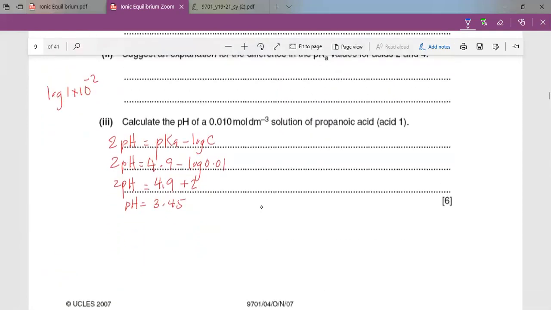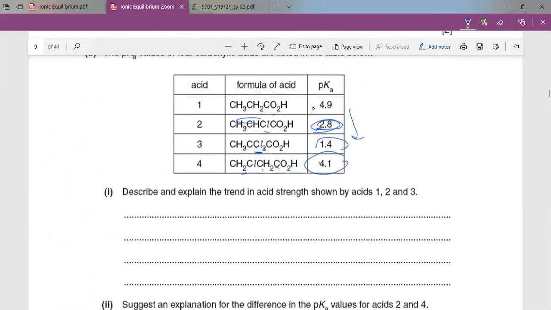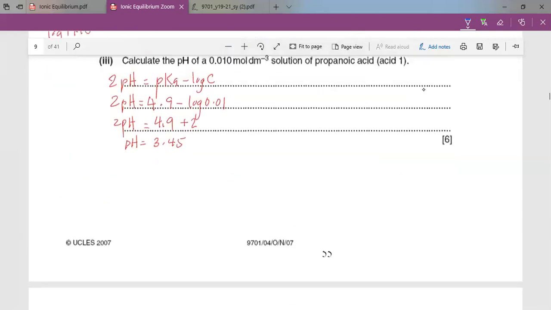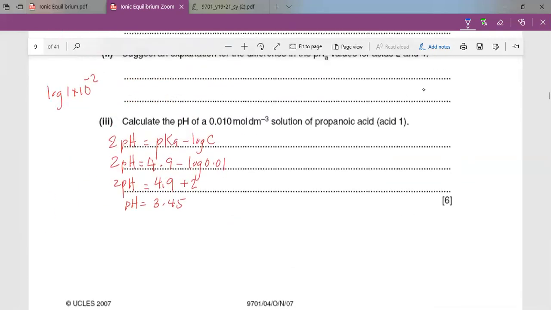Now here you can see how the formula comes in very handy. Calculate the pH. Remember you give me a pKa, so you can use it. Then calculate the pH of this concentration. So I'm going to use this formula now. Remember, there are two formulas.